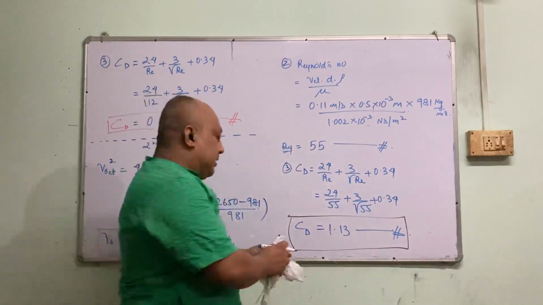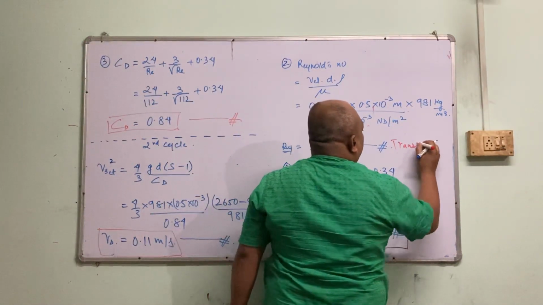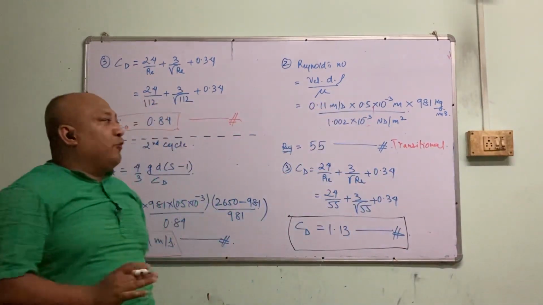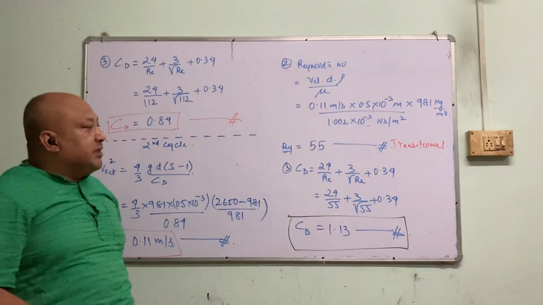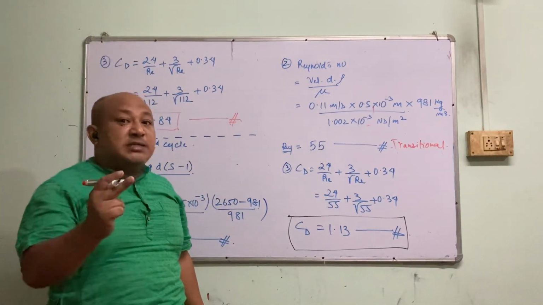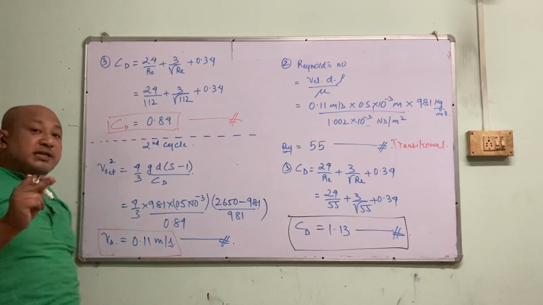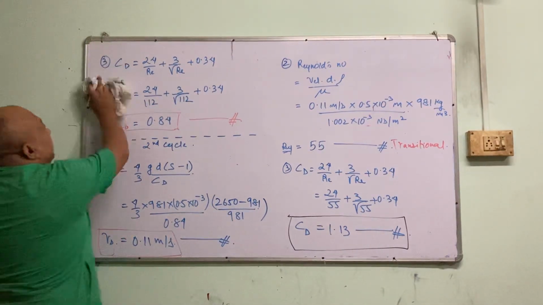Then still, this is transitional. Even though the flow is transitional, you have to check, because as the Reynolds number decreases, the CD value changes. So now we have done 2 cycles of hit and trial. Is it okay? So now let me go for the third cycle.